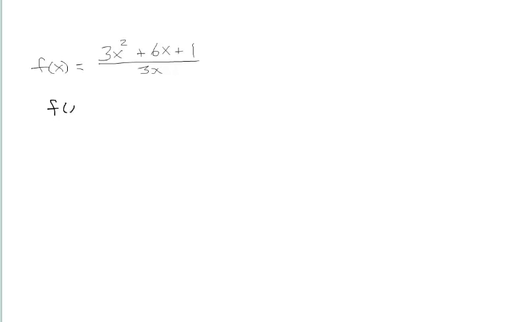So I have f of x is equal to 3x squared plus 6x plus 1 all over 3x, and I'm going to think about this as 3 fractions. Plus 6x divided by 3x plus 1 divided by 3x.